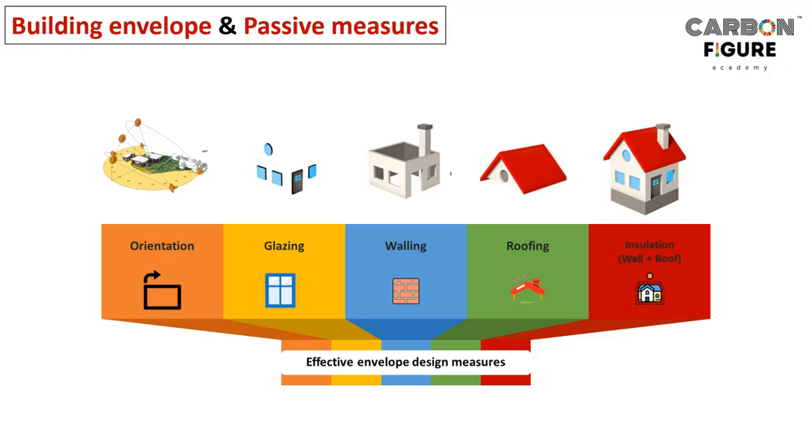These are the different aspects where we can focus on effective envelope design, to minimize heat ingress and ensure better indoor comfort for the occupants. The aspects are orientation of the building, glazing system, walling, roofing, and finally insulation, for both wall as well as roof.